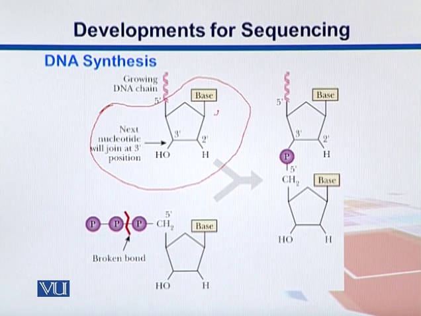Position number 2 is where it is deoxygenated, which is why we call it deoxyribonucleic acid. Position number 3 is critical, where the incoming nucleotide attaches itself. Position number 4 is right here, and this is carbon number 5, with which it is attached to the previous nucleotide.